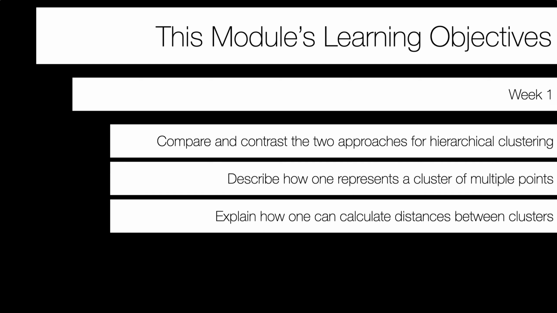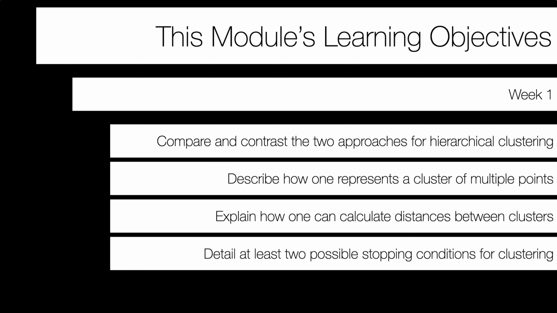In this third objective, we want to talk about how you evaluate distances between 2 different aggregates of clusters. Are we looking at distances between the cluster centers? Are we looking at the average distance between all pairs? Some of these are more computationally complex than others. And then lastly, we'll talk about defining stopping conditions for clustering in general. When do you know that you are done or have identified all clusters?